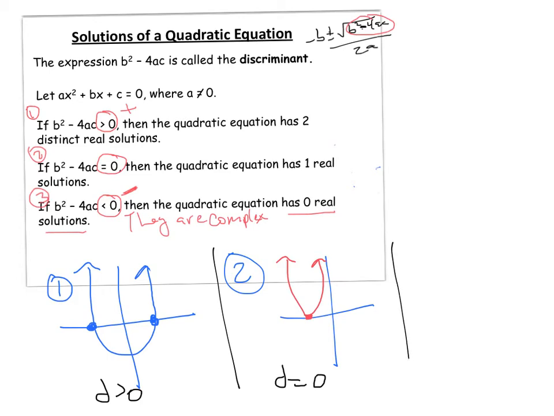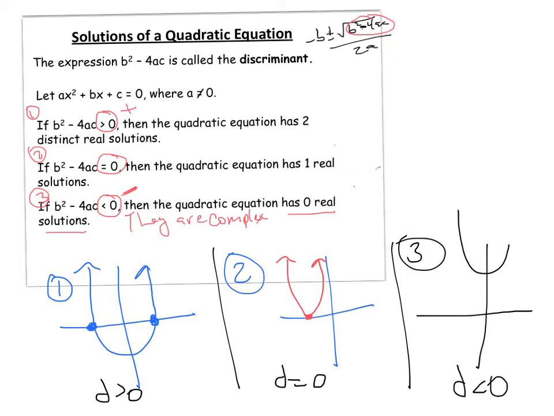Okay? And then the third situation is when d is less than 0 or the discriminant is negative, we're going to have a graph, and notice it does not touch the x-axis. So we know that these solutions are non-real if we were to graph something and it did not cross the x-axis.